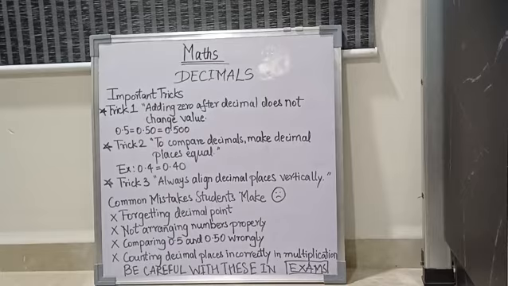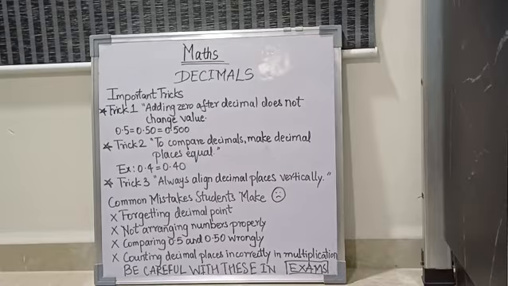Now common mistakes which students make. You all make some common mistakes because of which you lose marks in the exam. Forgetting the decimal point. No one remembers the decimal point because most of the time we think it's whole numbers and integers and we multiply, add, subtract and divide as it is. Remember, if you see a decimal point, please add the decimal point.